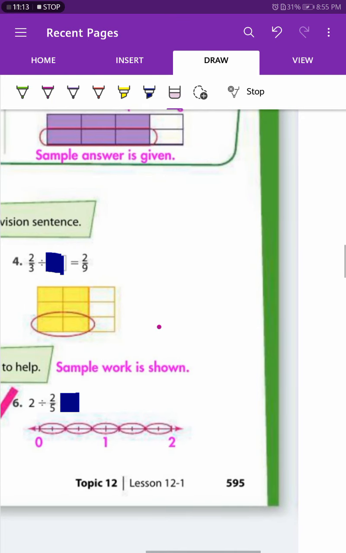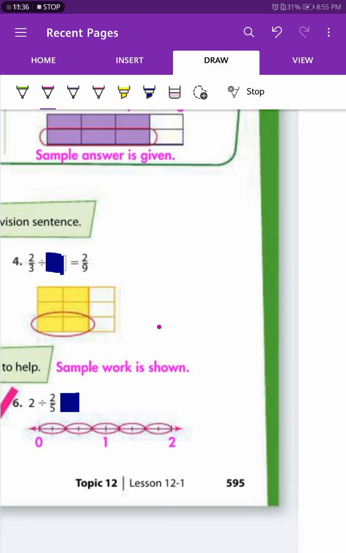Now let us solve number 4. He asked me about the divisor, and the divisor is a whole, yes, because the shape here is squares or rectangles. Now how do I find it? It is easy.